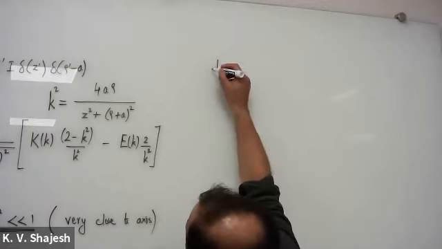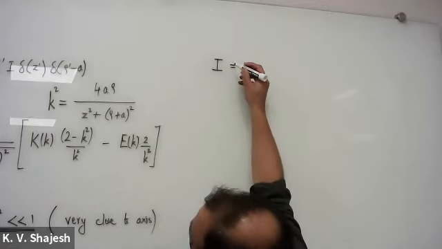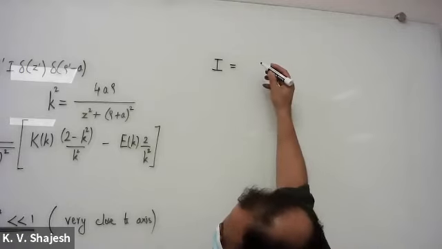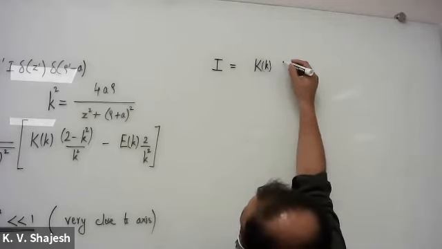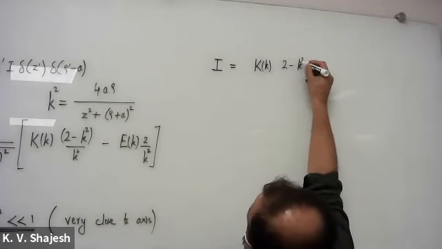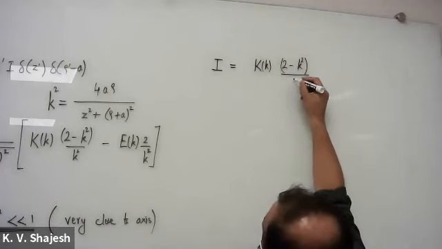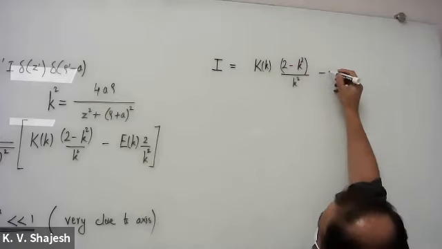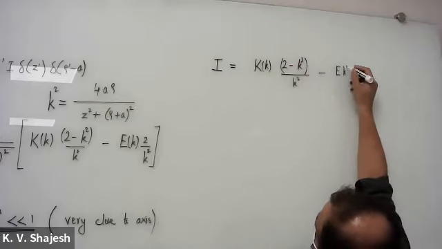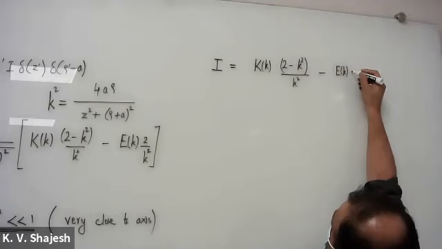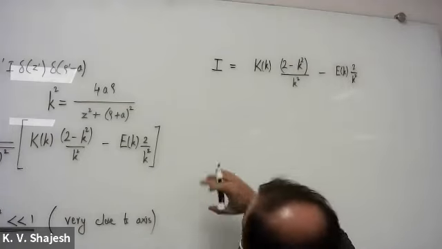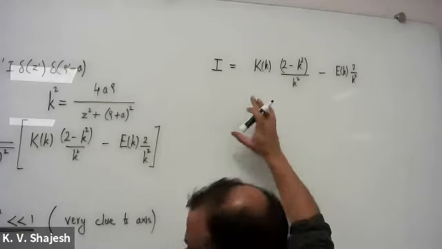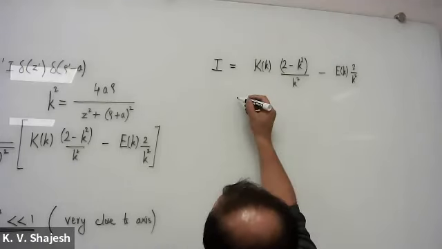So we have I is equal to K2 minus K square over K square minus K2 over K square. And again, what did we do? Let me repeat the steps. I said this is pi over 2.